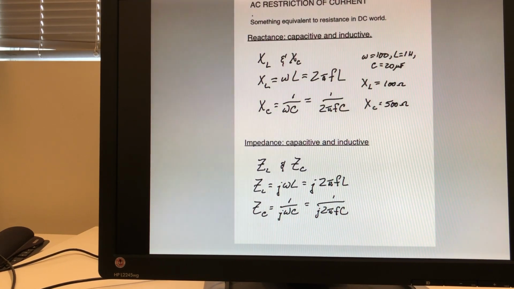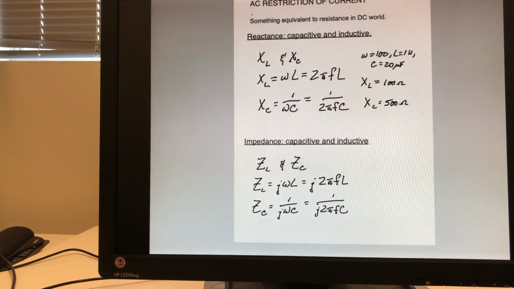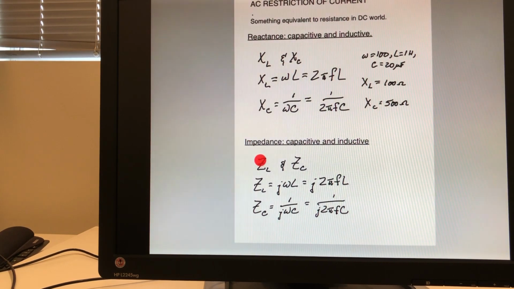So what we have here, and I'm calling this Z sub L, is designated with a Z, capital Z usually, for inductive impedance and capacitive impedance.